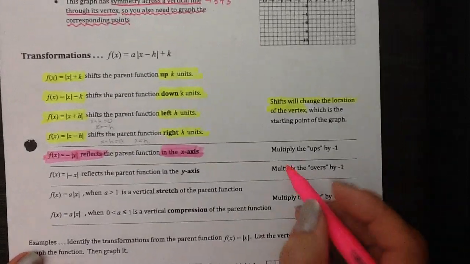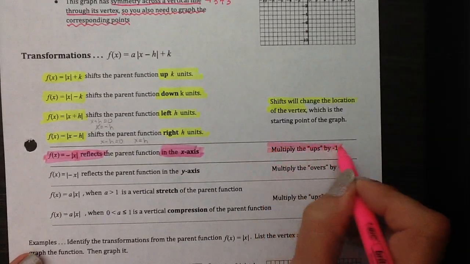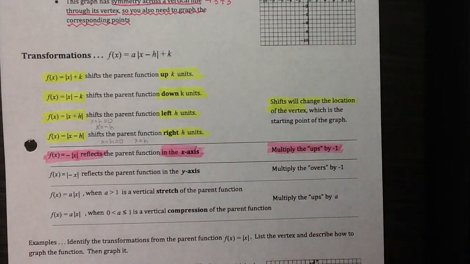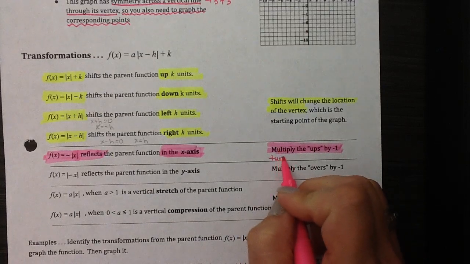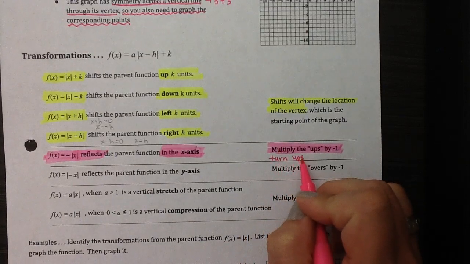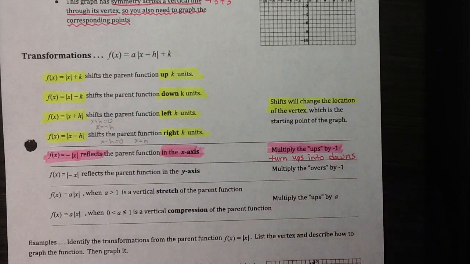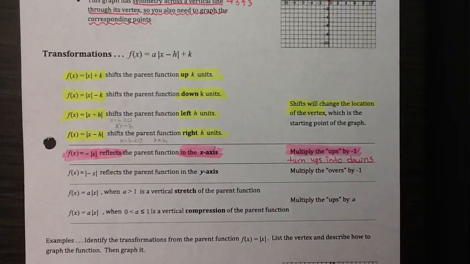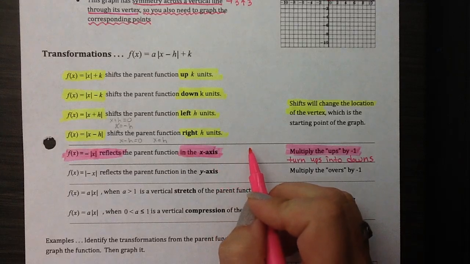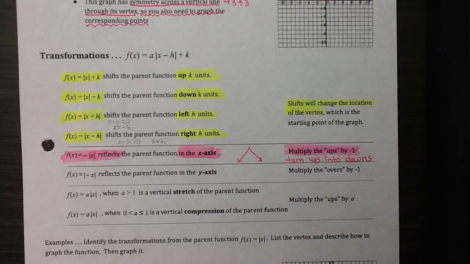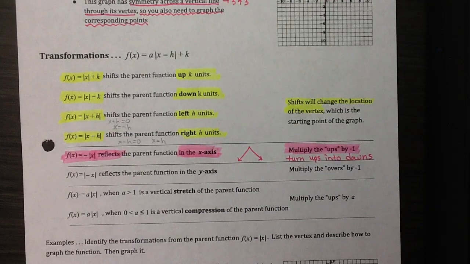So what we would do is, you can think of it as multiplying the ups by negative 1 or turn the ups into downs, whichever way makes sense to you. But it's going to effectively make your graph reflect in the x-axis, which will make it open down instead of opening up.